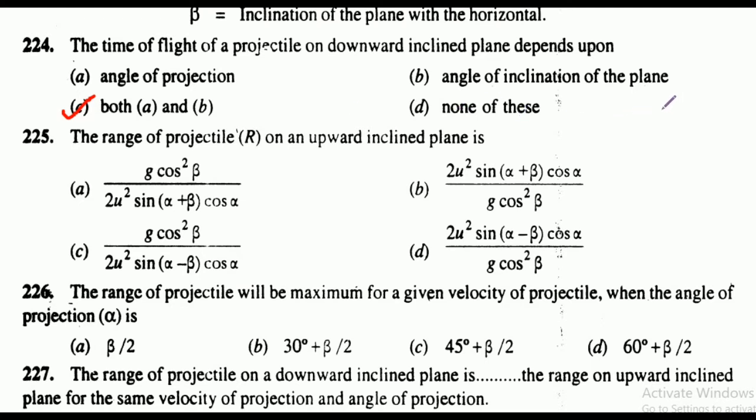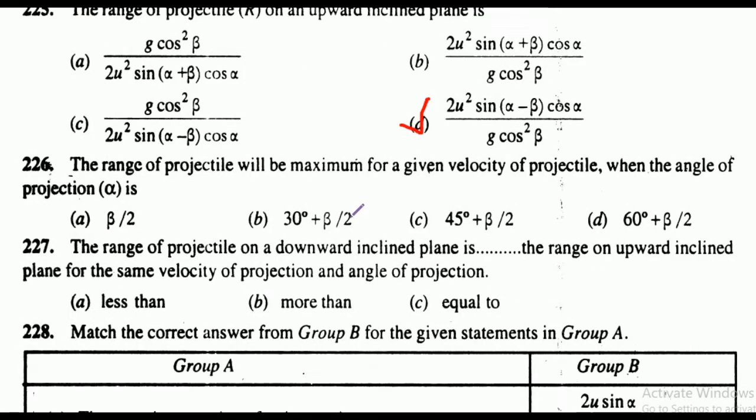Next is question 225. The range of projectile R on an upward inclined plane is. Here friends, these are the options, and here correct answer for this question is option D, that is 2u square sine into bracket alpha minus beta into cos alpha upon g cos square beta.